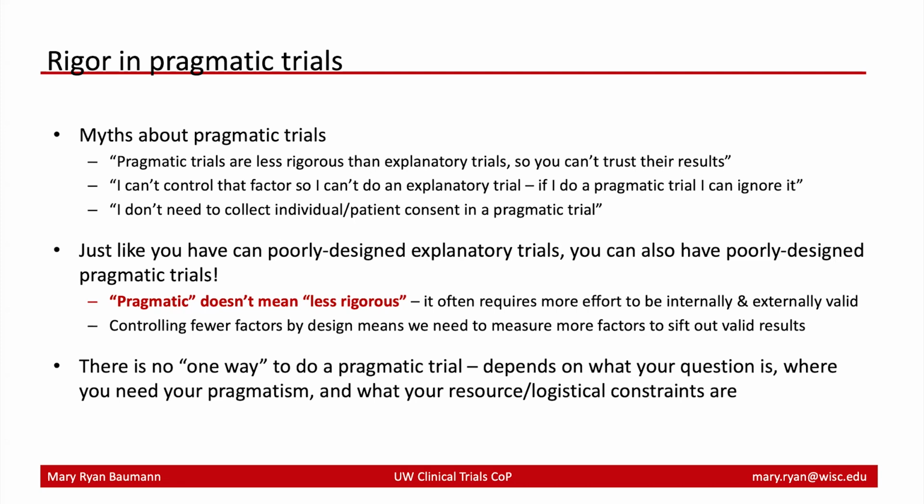Because by giving up control on a lot of the environmental factors that you would have in an explanatory trial, this means that we are having to keep our eye on a lot more spinning plates within the pragmatic trial setting in order to be able to sift out valid results. So just because we aren't necessarily controlling for it doesn't mean that we're not measuring it, and doesn't mean that we're not observing it, and doesn't mean that we're not thinking about how it's going to influence our outcomes.